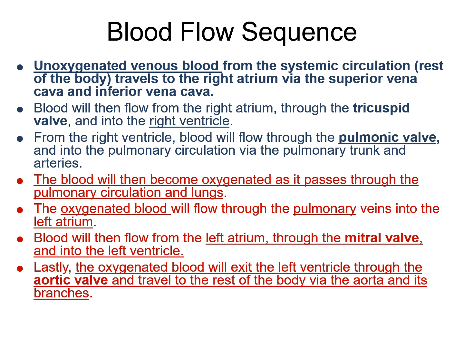And then the blood will flow from the left atrium, the top, through the mitral valve, down into the left ventricle. And then that oxygenated blood will fly through the left ventricle, through the aortic valve, and go to the rest of the body via the aorta and all of its branches. That's a good slide to know.